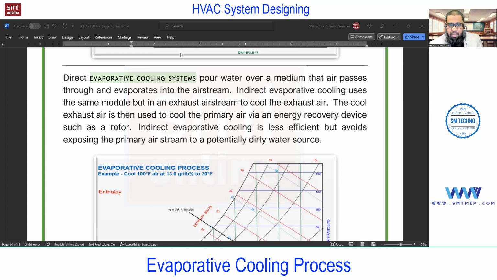So the air will have the capacity to hold or extract more water at the time of evaporation. And more evaporation means more cooling. Because you know the concept of evaporative cooling. Evaporative cooling means because of evaporation of water, extraction of heat from the air, so that the temperature of air can reduce.